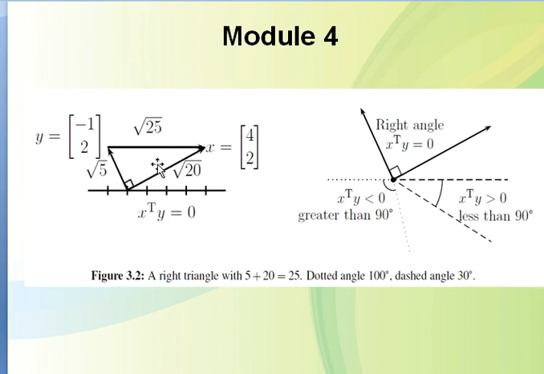If x transpose y is greater than 0, and let's say this is one vector and another vector, if x transpose y is calculated and it is greater than 0, then the angle between them is less than 90 degrees, and if x transpose y is less than 0, then the angle is greater than 90 degrees.